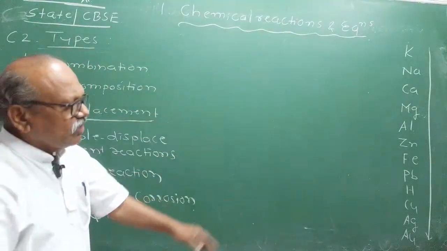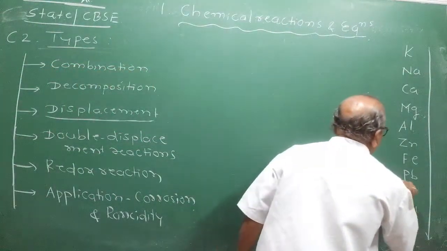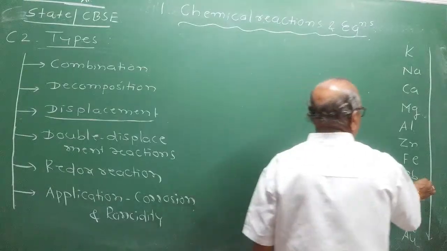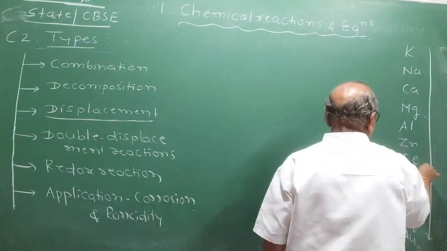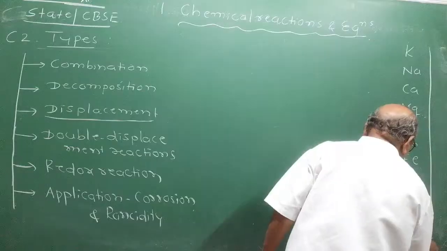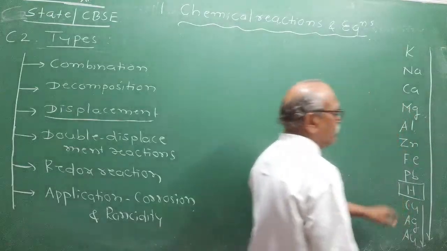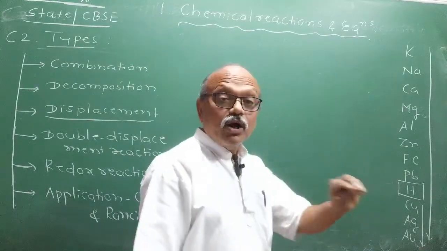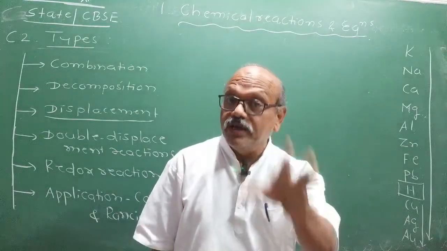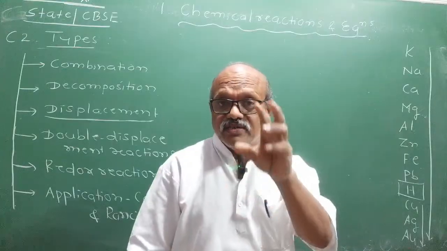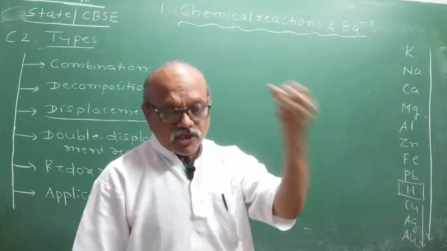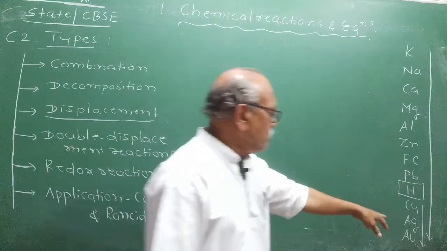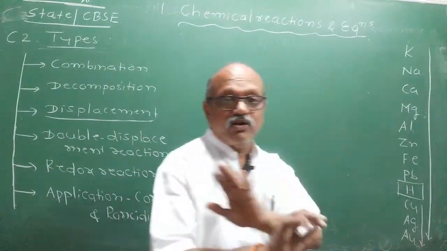In the correct decreasing order. Hydrogen is the only non-metal which is at the center. The metals above hydrogen are more reactive. The metals below hydrogen are less reactive. Therefore, gold and silver are called noble metals. Gold is not even attacked by sulfuric acid. Sulfuric acid is such an acid which can attack most of the metals and non-metals, but even sulfuric acid cannot attack gold.